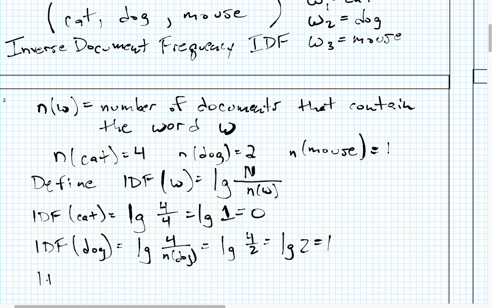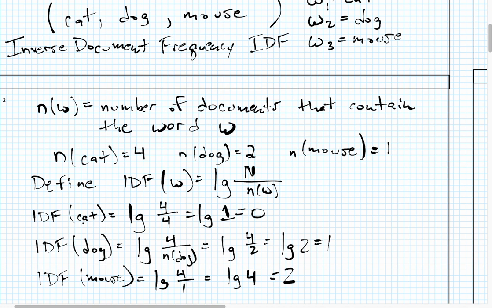And I have that the IDF of mouse is equal to log of 4 over the number of times that mouse appears, which is 1. So that's equal to log base 2 of 4, and that's equal to 2.